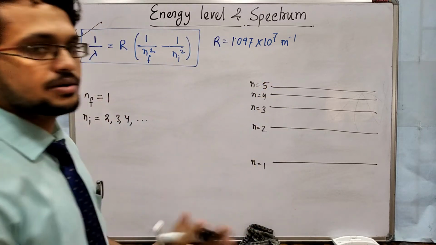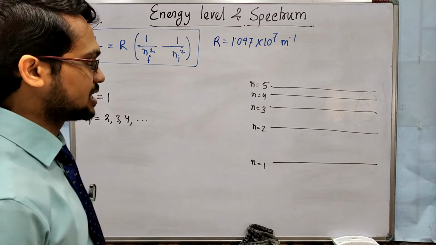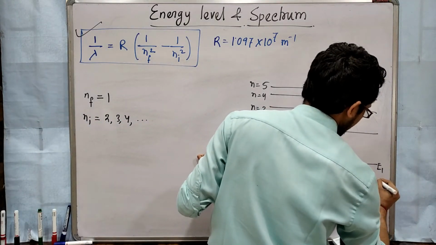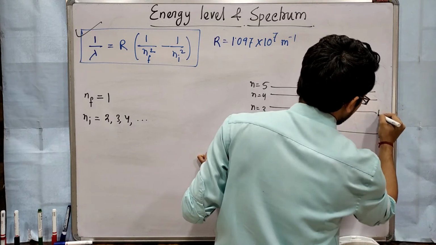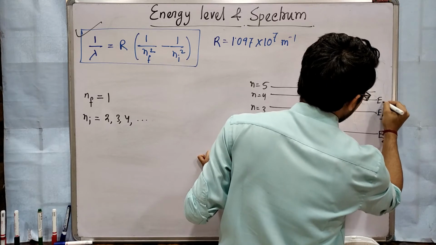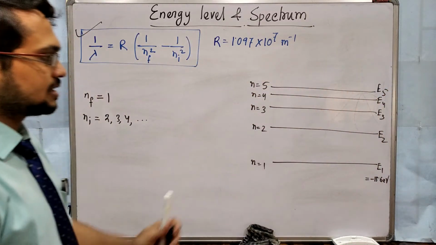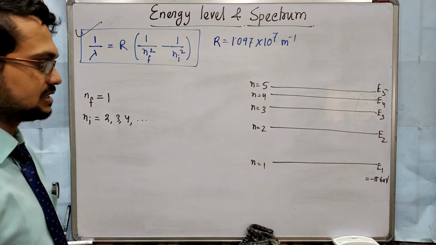Whenever you draw an energy level diagram, always mention the principal quantum numbers and their energies: E1 is minus 13.6 electron volt, then E2, E3, E4, E5 and so on. In this way always mention the energy and principal quantum number of each level.